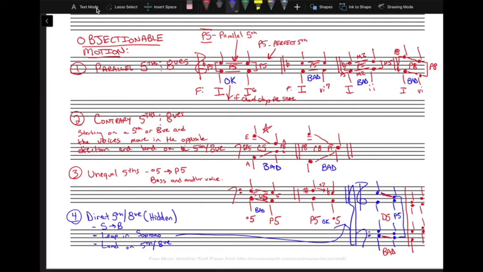There's your leap. And they're ending on octaves. There's your octave, your G to G. This is labeled as D8, direct octaves. So when you're looking for direct octaves, it has to be between the soprano and the bass, has to have a leap in the soprano, and it has to land on a fifth or an octave.